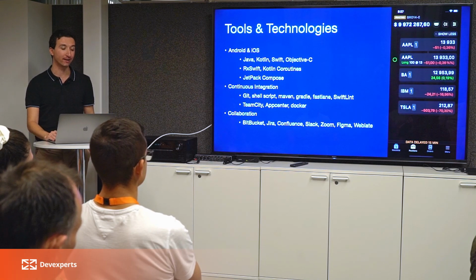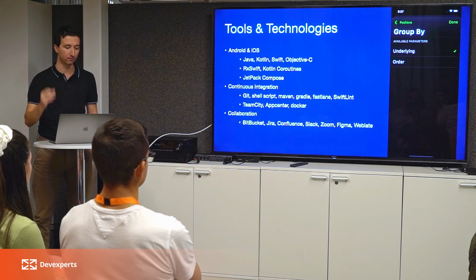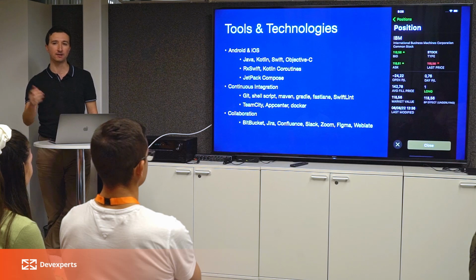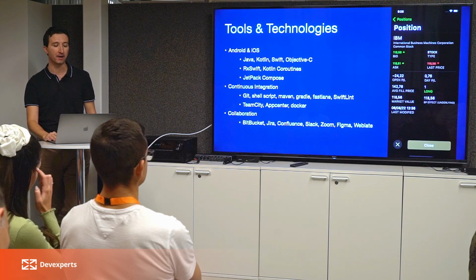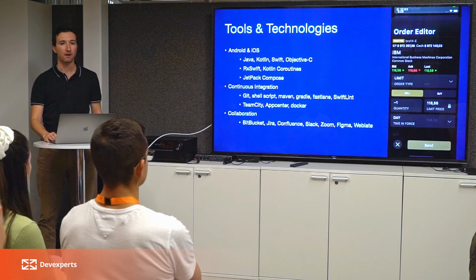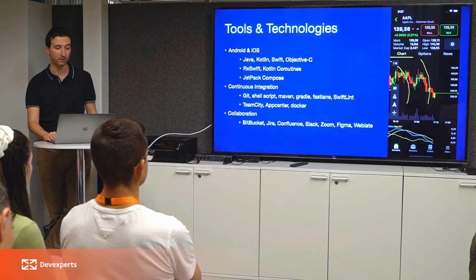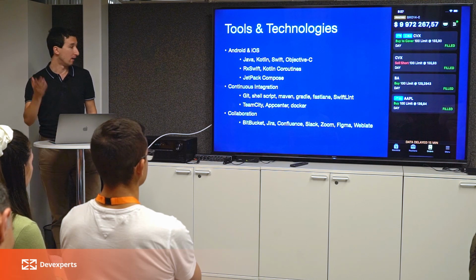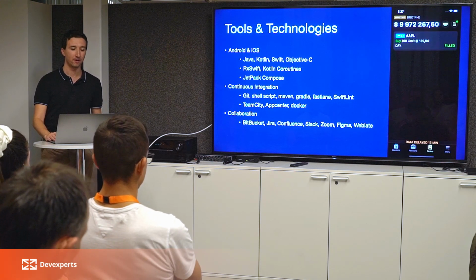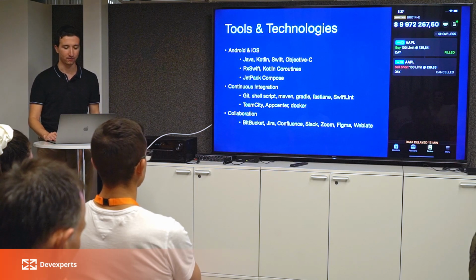We use a lot of RxSwift and RxJava, but recently we also started migrating to Kotlin coroutines for Android, and we're looking into using some of the more modern APIs that each platform provides, such as Jetpack components, and we're also looking into using SwiftUI in the near future. The other tools you're probably familiar with or already used somewhere, so I'm not going to go through them, but yeah, I think you're familiar there.